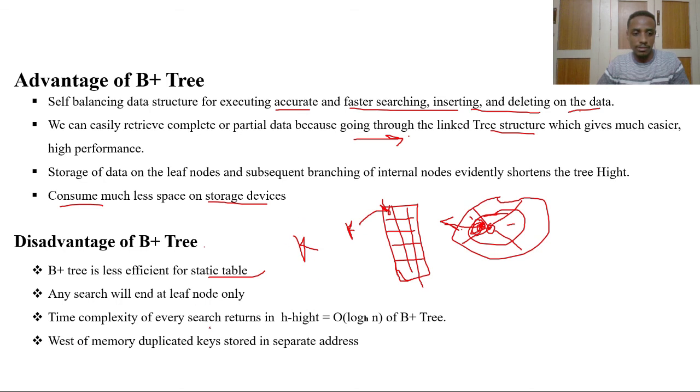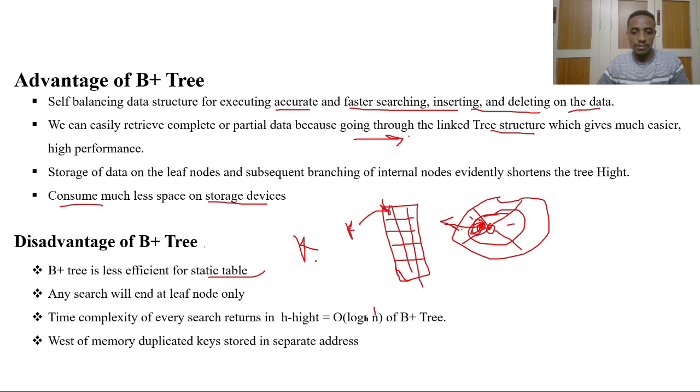The time complexity of the B+ tree will be log base h of n, where n is the number of keys and h is the height of the B+ tree. There is a waste of memory because duplicated keys can be present at the leaf node and root node also. That will not happen in a B tree or balanced tree, but in a B+ tree all the keys should be present in the leaf node.